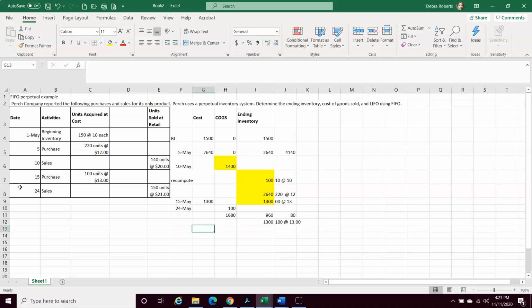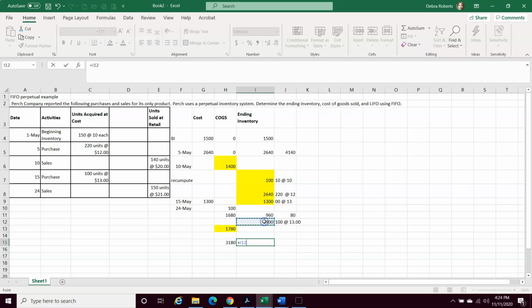So at the end, we can say that our cost of goods sold is a combination of $1,760, which is the 2 sales here, and the $1,400. That's our total cost of goods sold, and our ending inventory is going to be the combination here.